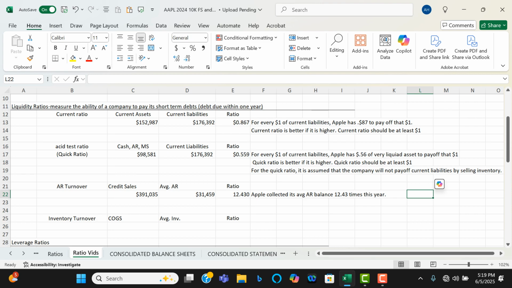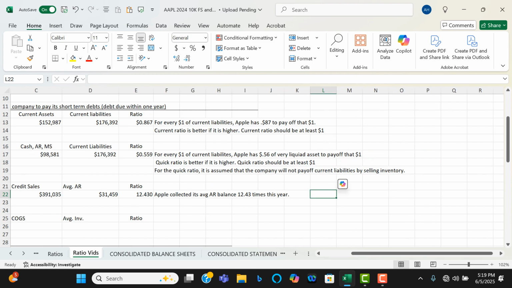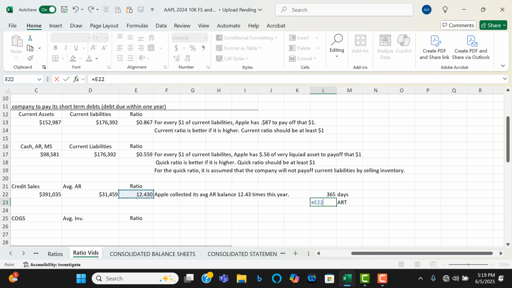You've probably seen this before, but you can also compute this ratio in terms of the days that are required for Apple to collect its accounts receivable. So let's take 365 days in a year and divide by the accounts receivable turnover, which is equal to that number there.